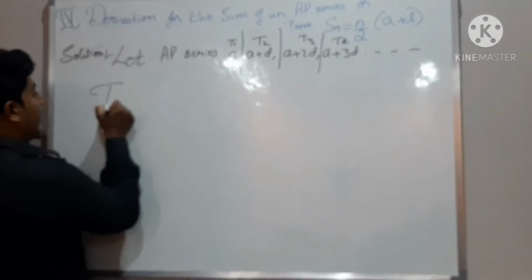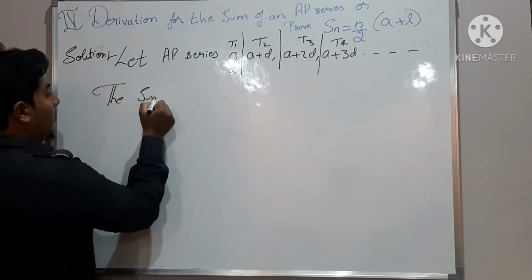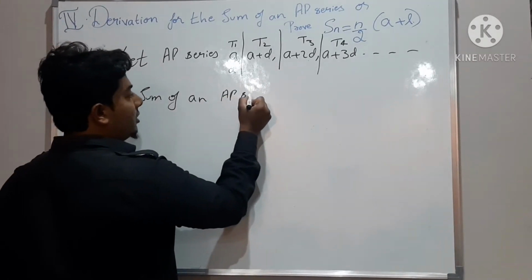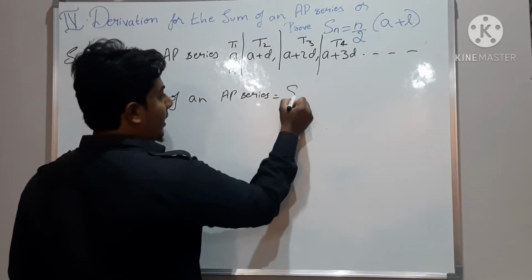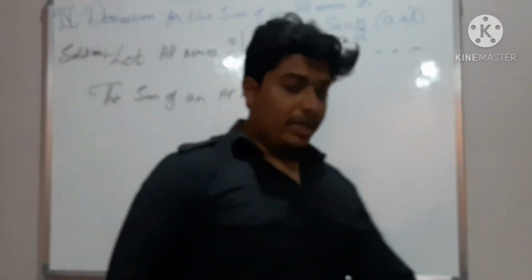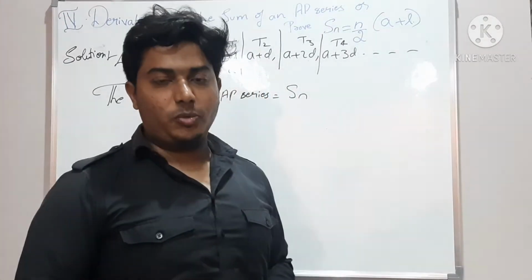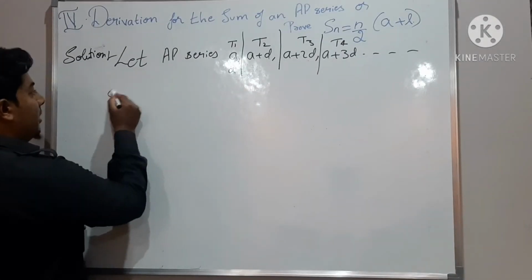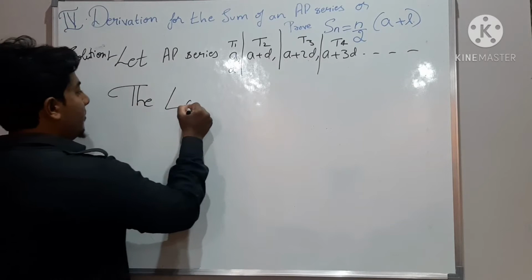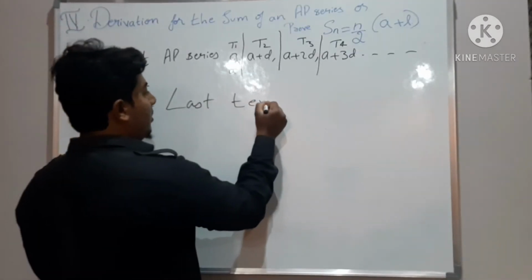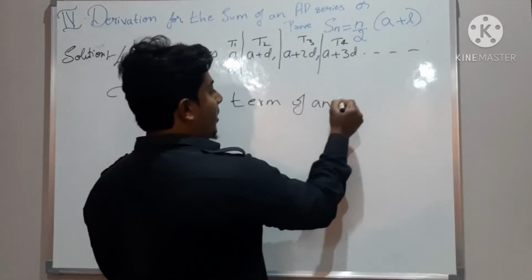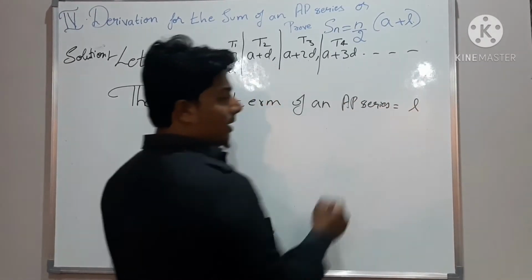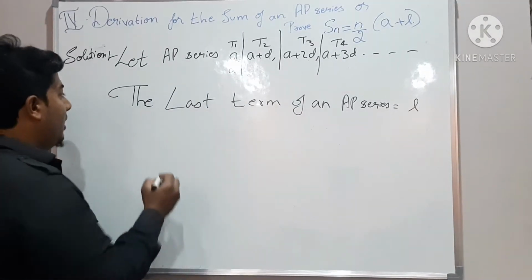The sum of an AP series is denoted by Sn. Sn is nothing but the sum of an arithmetic progression series. We also have the last term of an AP series, given as l.